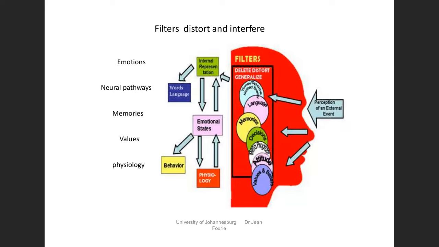But we have these filters that are constantly interfering and distorting all the information. The filters make us generalize things. We take the emotional state that we're in currently, and that filters the way that we process information.